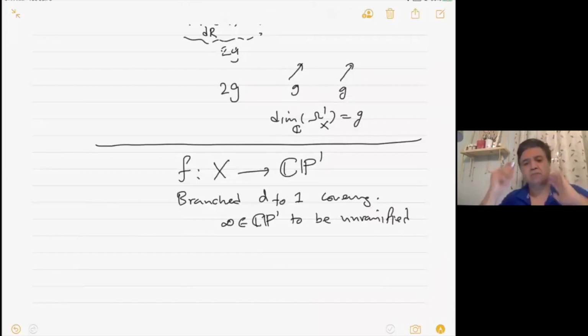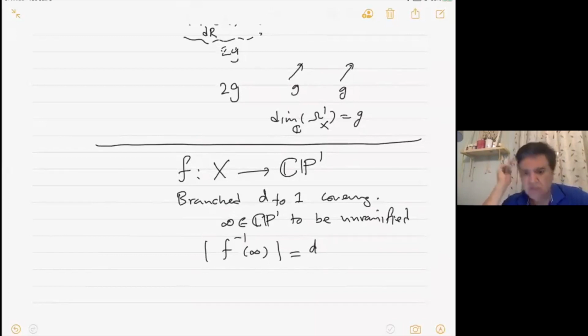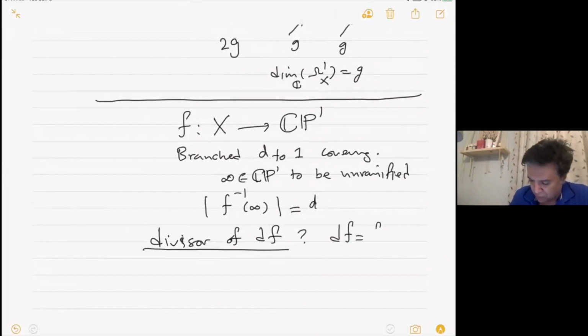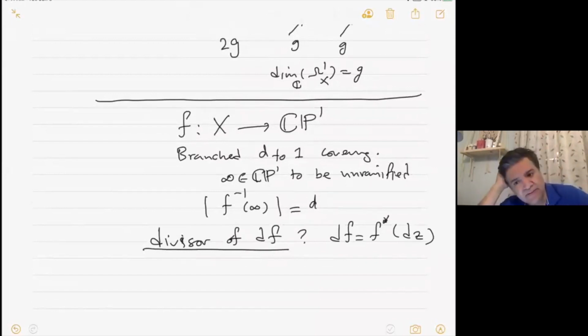That means that f inverse of infinity is really a set with d elements. Okay, so now what can we say about the divisor of df? As you remember, df is the pullback of dz. So we know dz has a pole at infinity of order -2.